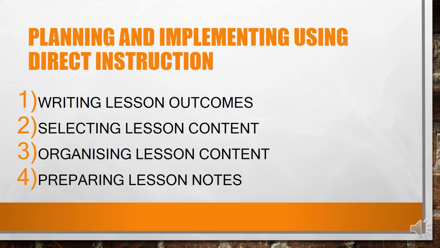Now, when it comes to planning and implementing direct instruction, it's very recommended for you to write down your lesson outcomes. What are we going to learn? What is the purpose of this lesson? What are we trying to achieve? What is the goal?